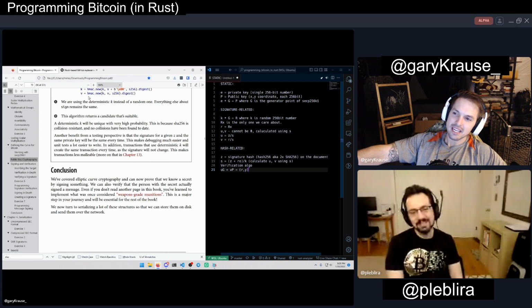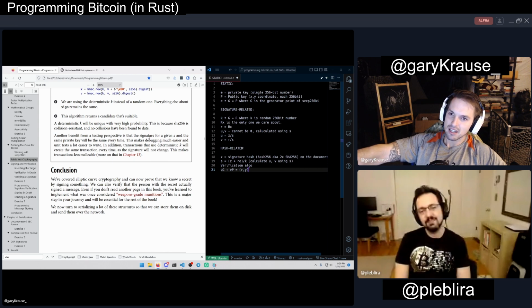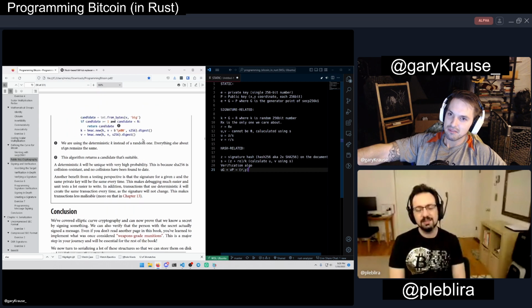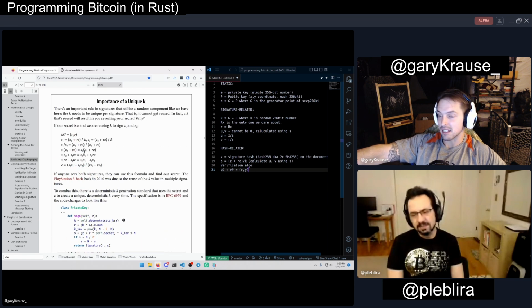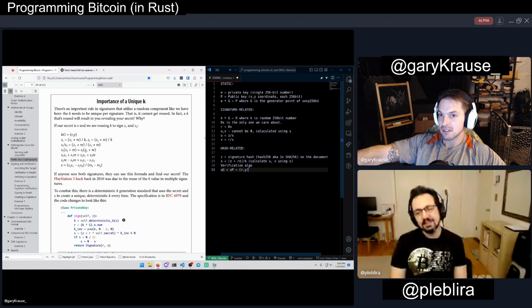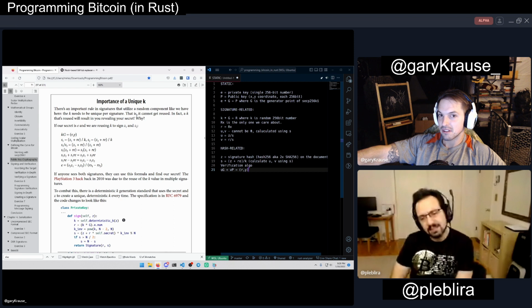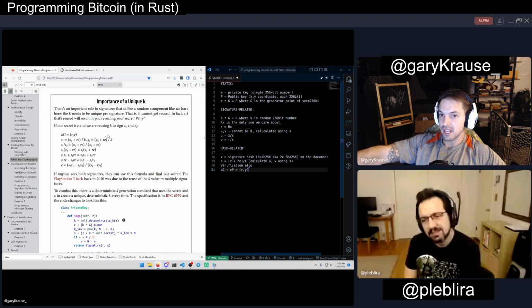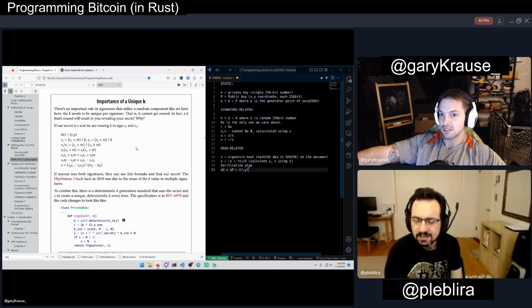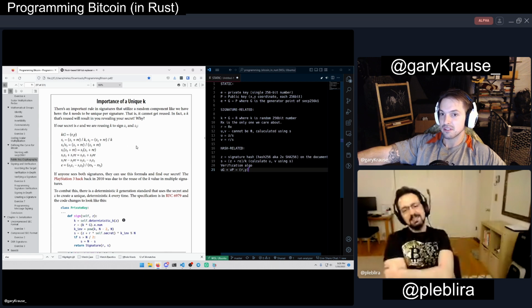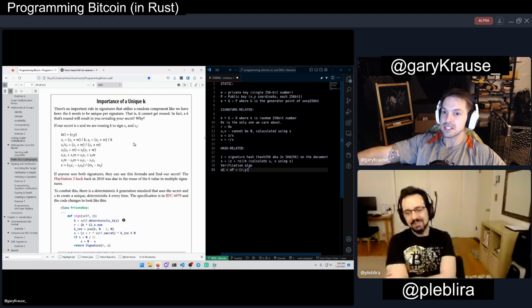I think it's going to take more than that. I think this might be simplifying it. Maybe not. I don't know. Yeah, no, I guess you only need the two signatures. That's what it seems.